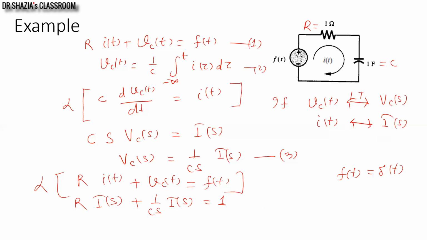So to calculate the transfer function, which is H of s, it will be equal to 1 by R plus 1 by Cs, or can be rewritten as Cs by 1 plus RCs.